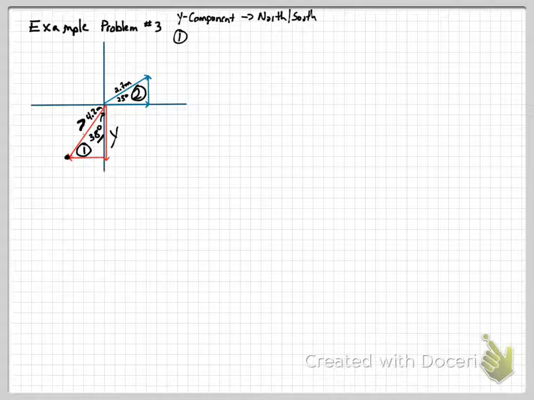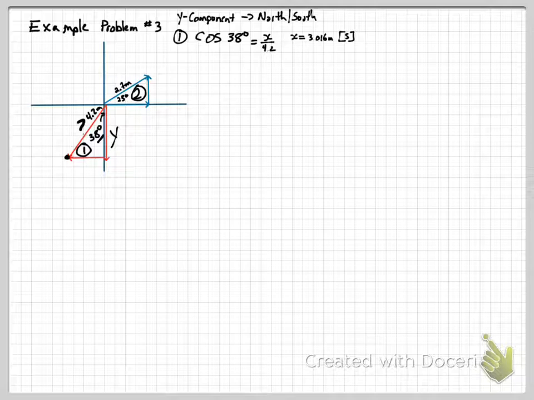So we're looking at cosine of 38 degrees equals x over 4.2. And so in this case, our x is going to equal 3.016 meters, and that is going to be south.